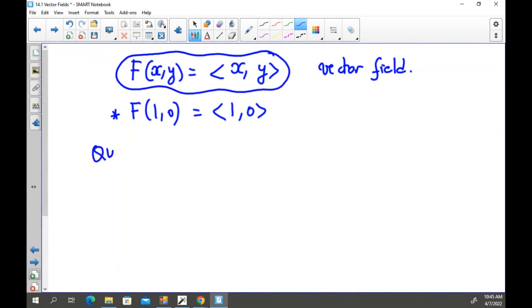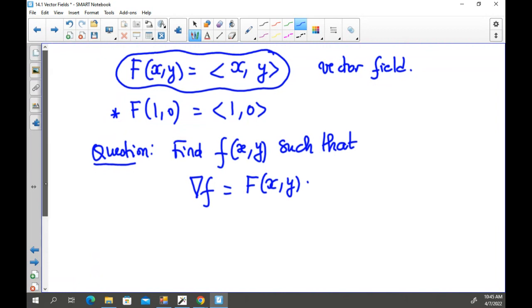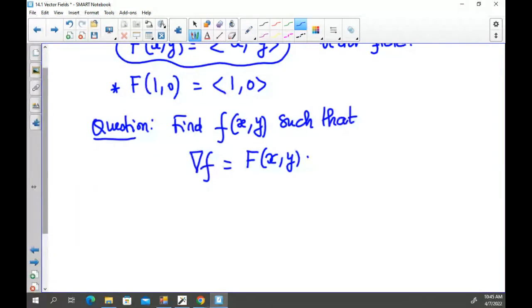The question is, find a function f of (x, y) such that the gradient of f is exactly equal to this F that we are given.